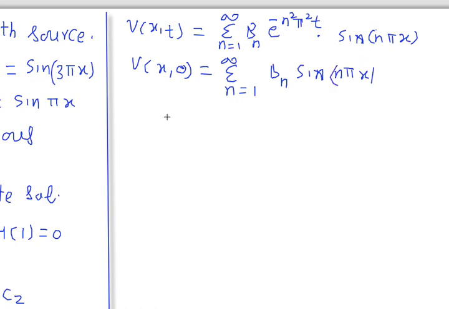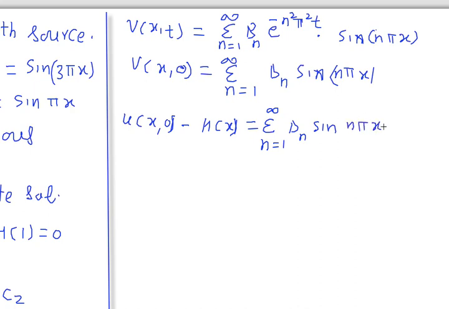And you know v(x,0) is u(x,0) minus h(x), equal to the sum from n equal to 1 to infinity of b_n sine n pi x.